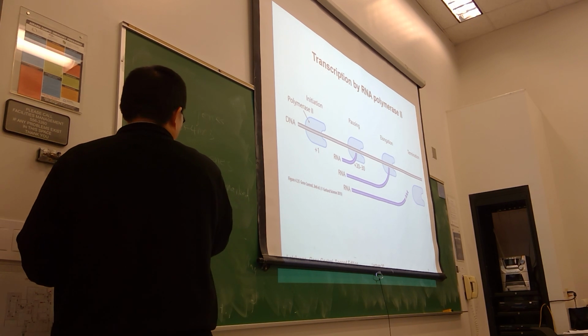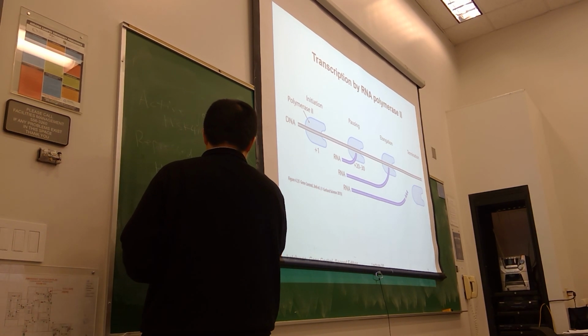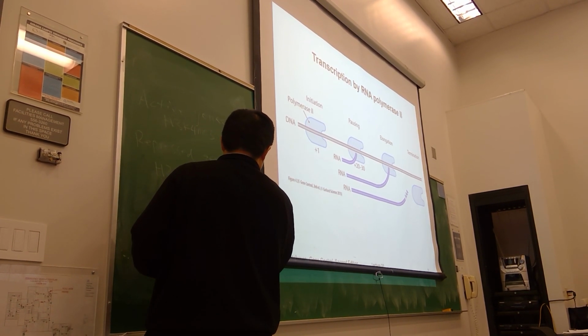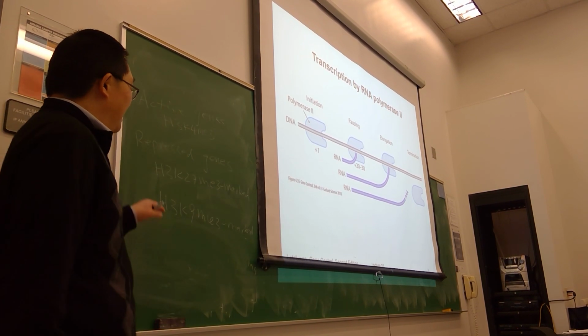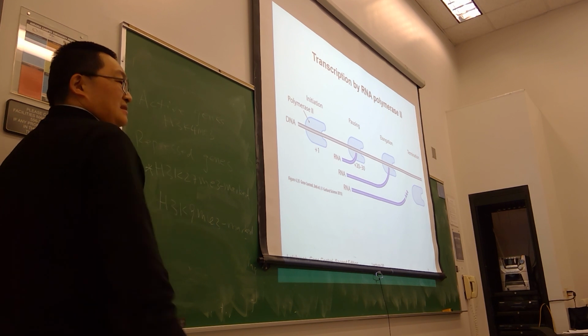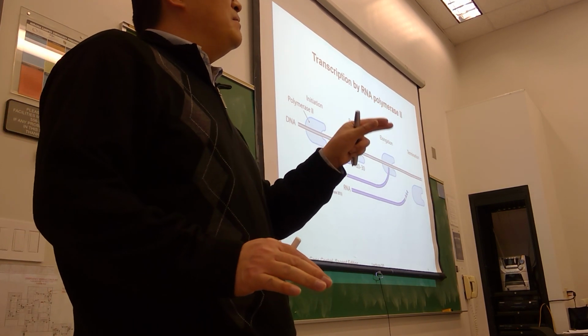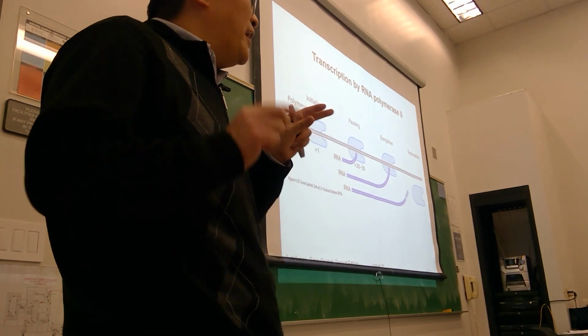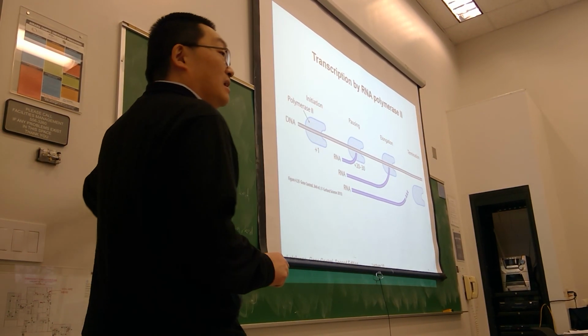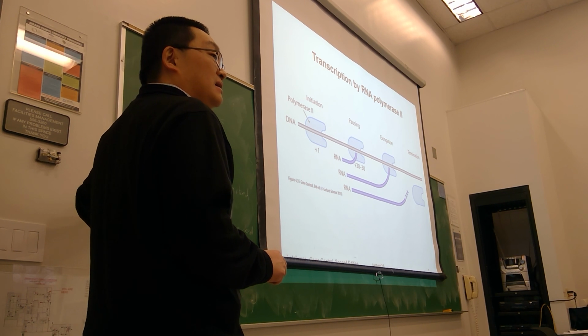Another is H3K9me3. For this category, most of them encode developmental regulators, so they control development.